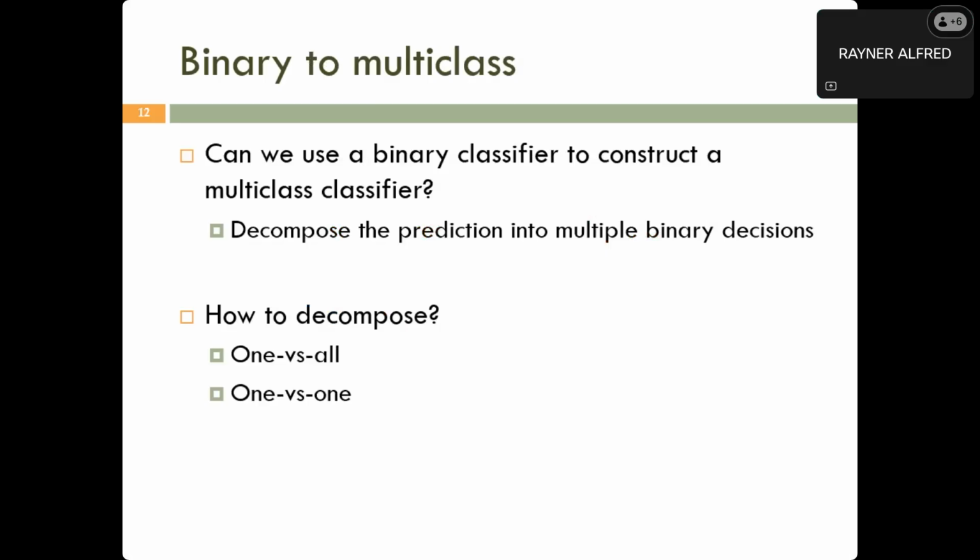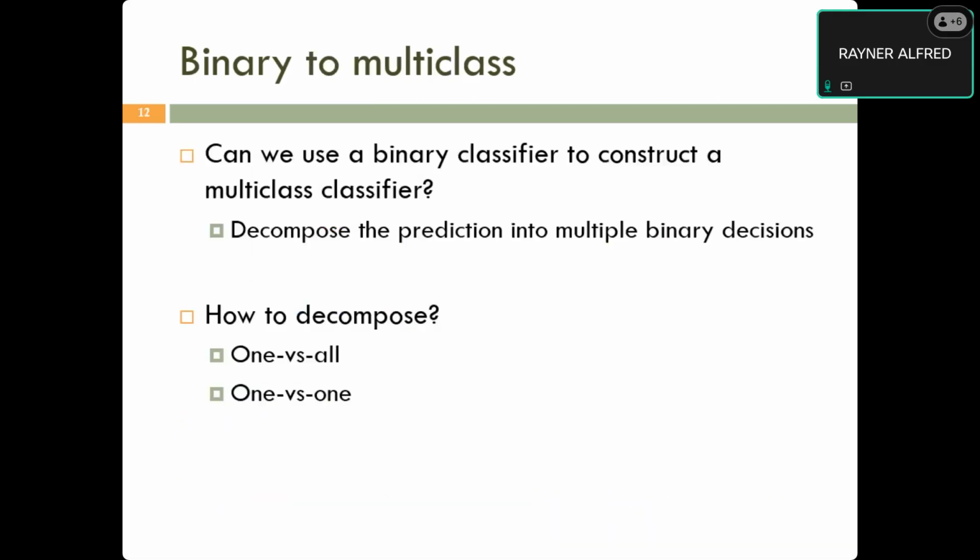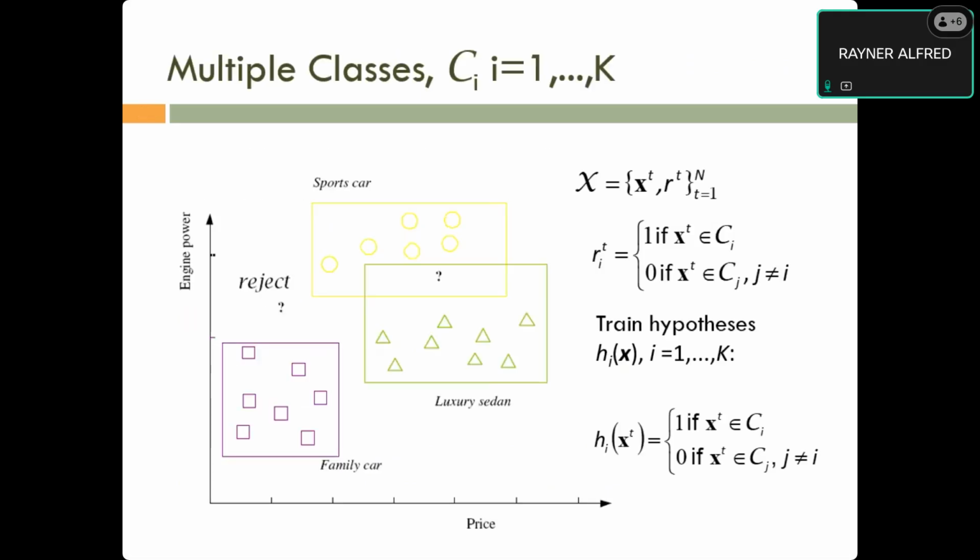So to perform the multi-class classification, because for this one we just simply draw a line, right? For multi-class, we can apply the same concept as the binary, but there are two types. For instance, in this multi-class, based on your observation, how many classes do we have? 3, right? What happens if you have this one? They cannot tell whether they belong to the sport car or luxury sedan, right?